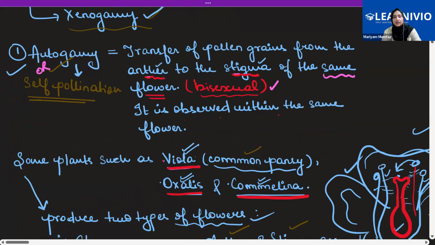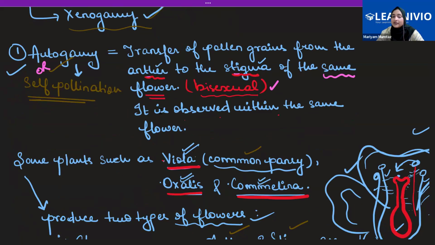This is the pollination wherein the pollen grains are transferred from the anther to the stigma of the same flower. So for those flowers that have the pistil and the stamen together, self-pollination takes place. Meaning, in the case of bisexual flowers, self-pollination happens.